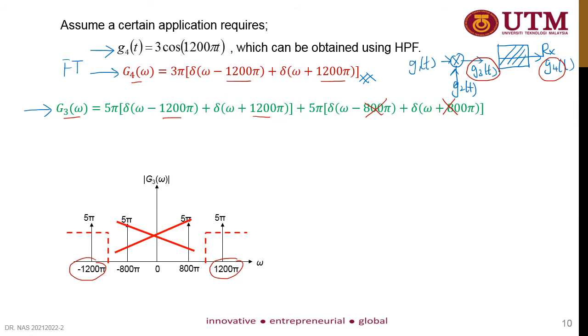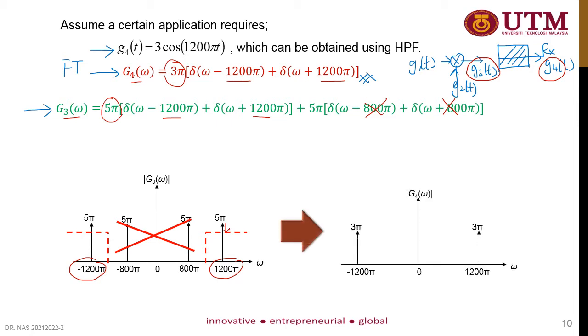At the output point, the amplitude required is only 3 pi, but in G3 you have the amplitude 5 pi, so you need to design a filter that selects the higher frequency component and the amplitude is compressed to only 3 pi, meaning that the output should look something like this. So once you have this, your filter may look like this.